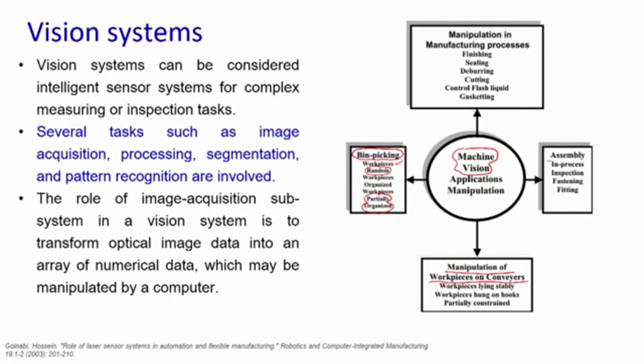Then we also need the machine vision system in assembly, in-process inspection, fastening and fitting. After generation of various parts, we have to assemble the parts together. At the assembly station we have to pick up the part, inspect it, and then put it in for its proper fit.